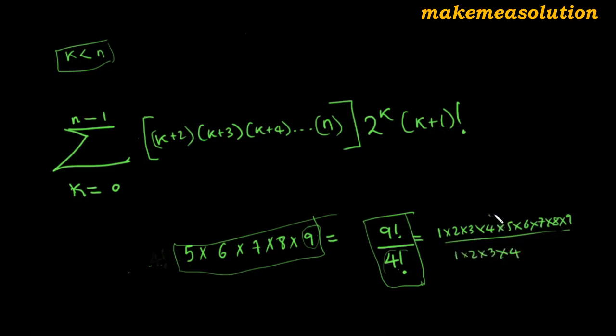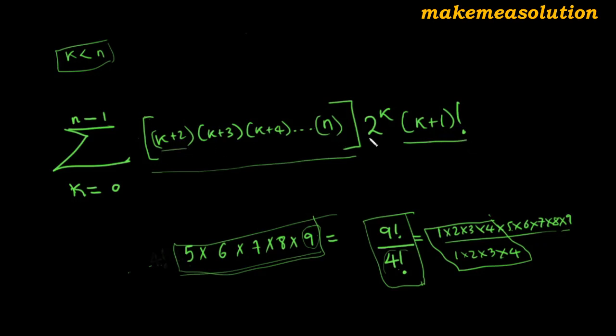So this whole section of the multiplication, sorry, is taken out. You understand? And you're now left with 5, 6, 7, 8, 9. That's what we have here. So that's the same thing that is happening here. If you look very closely, now I have a k plus 1 factorial. Remember, before k plus 2 is k plus 1. It's just like saying before you get to 5, you hit 4.